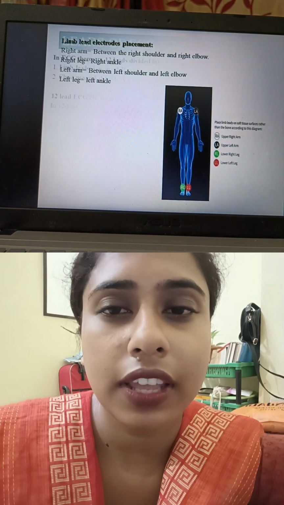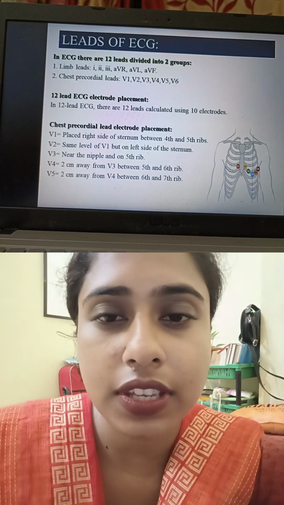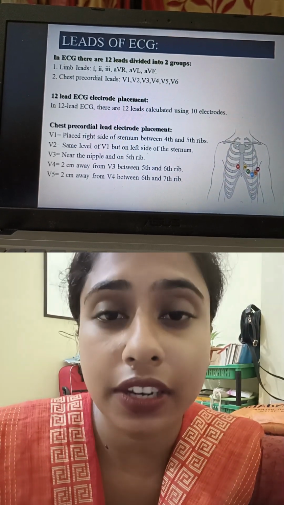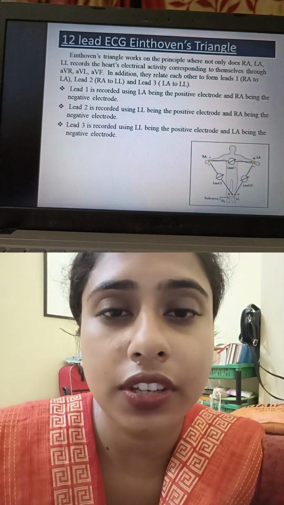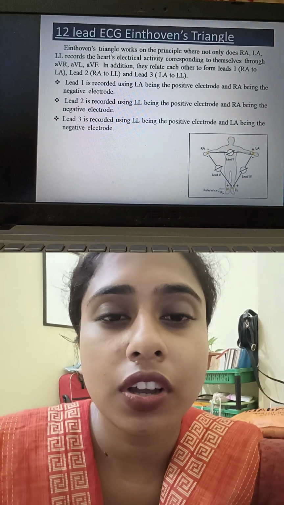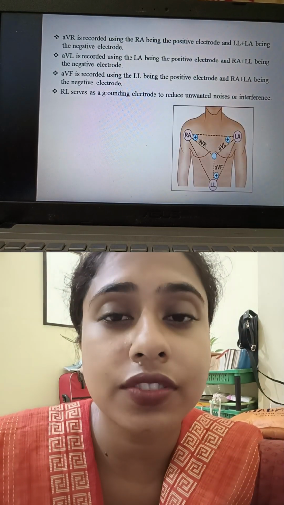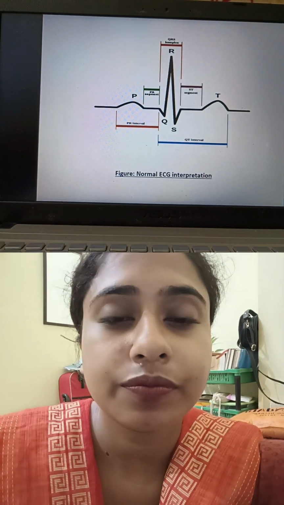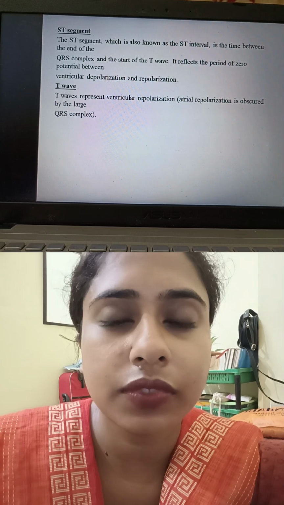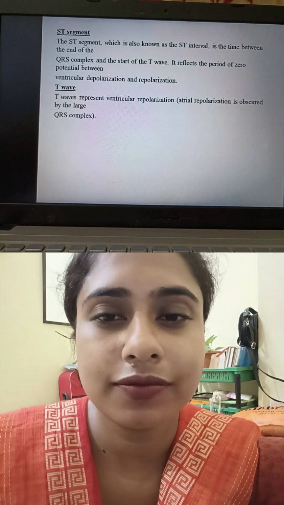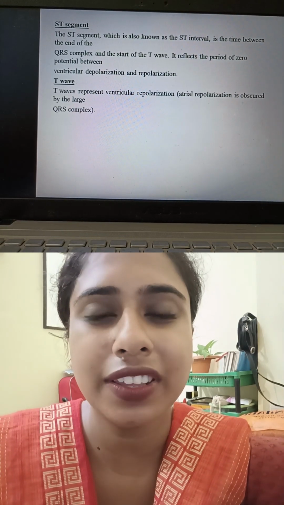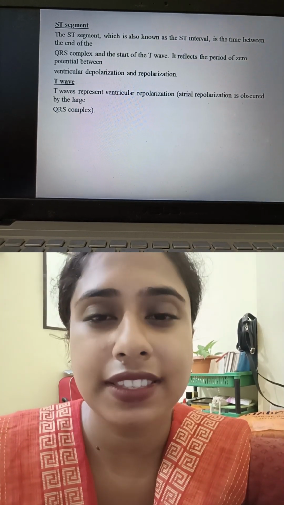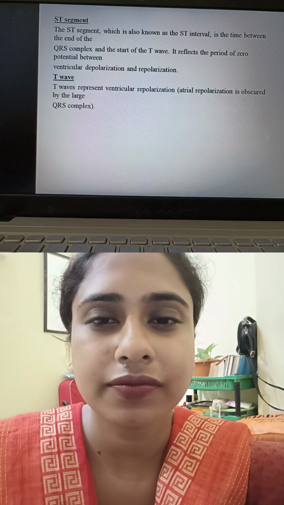The most important part of ECG is the Einthoven's triangle. This is all for today. We have discussed all the waves, the triangle, and the segments in this session.